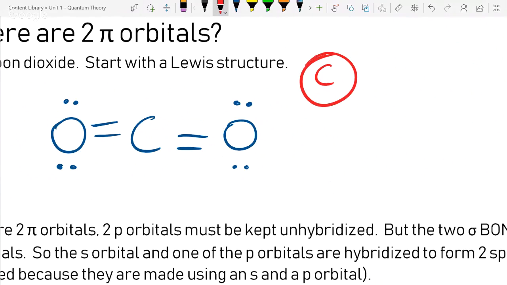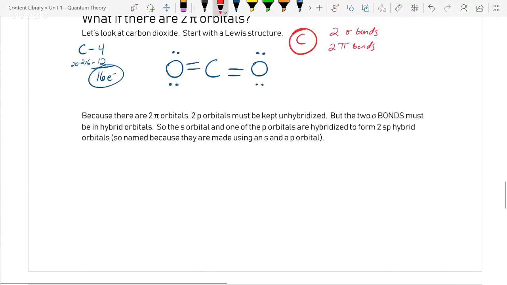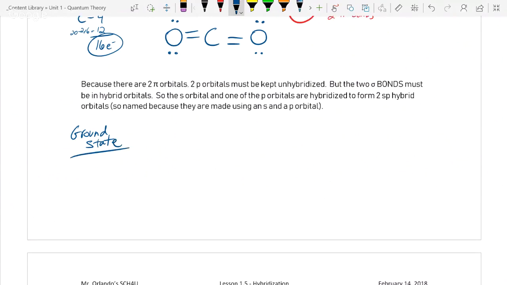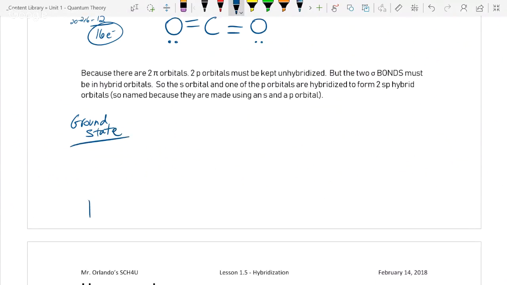In the meantime, it's got two sigma bonds and 2 pi bonds. Does it have any lone pairs? No. All right, let's get going on the electron configuration. I will give you the ground state, and I want you to hybridize this one yourself based on the rules you know. You're even going to have to name an orbital you've never seen before, and I have faith in you.